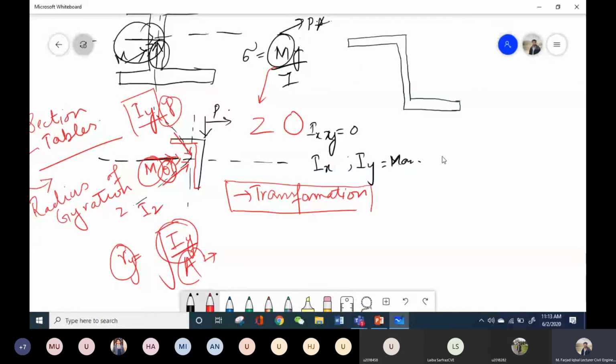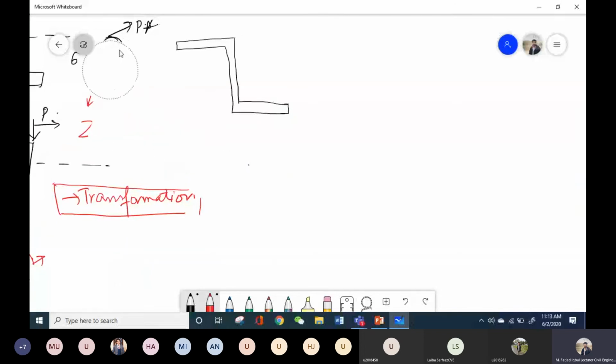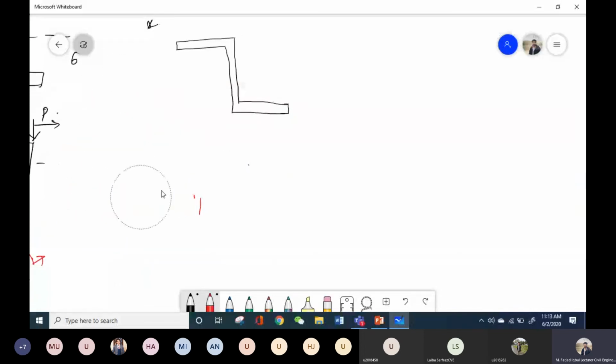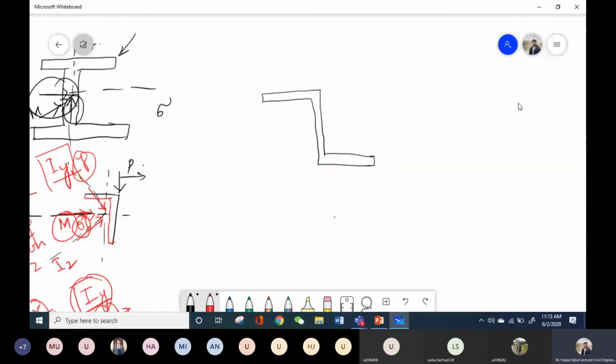And another important point that we do need to consider in this case, for example, let's suppose we have this Z section, which is an unsymmetrical section, and this is my centroidal axis for this Z section.